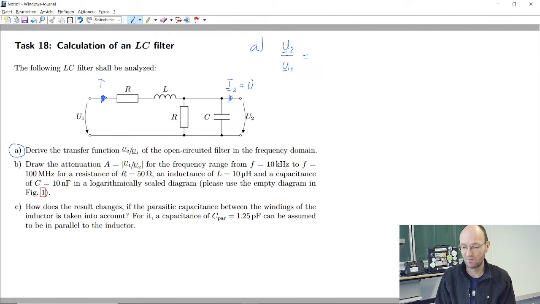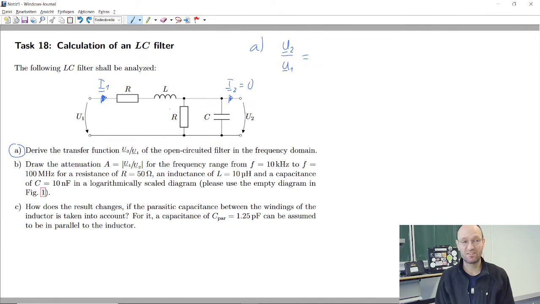So this means that the input current goes through this resistor, through this inductance, and then also goes to this parallel circuit of the R and C here. So we have the very same current going through all these elements, through this resistor, inductor, and this parallel circuit here.